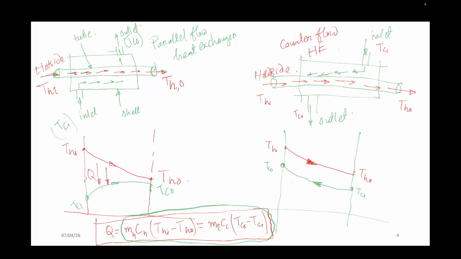So how will we check whether there is heat loss in the system or not? As you have told, if this temperature is known, you can easily find TCO, right? So from this equation, if you find TCO, and from the thermocouple reading you find this TCO, if both are equal, it indicates there is no heat loss.